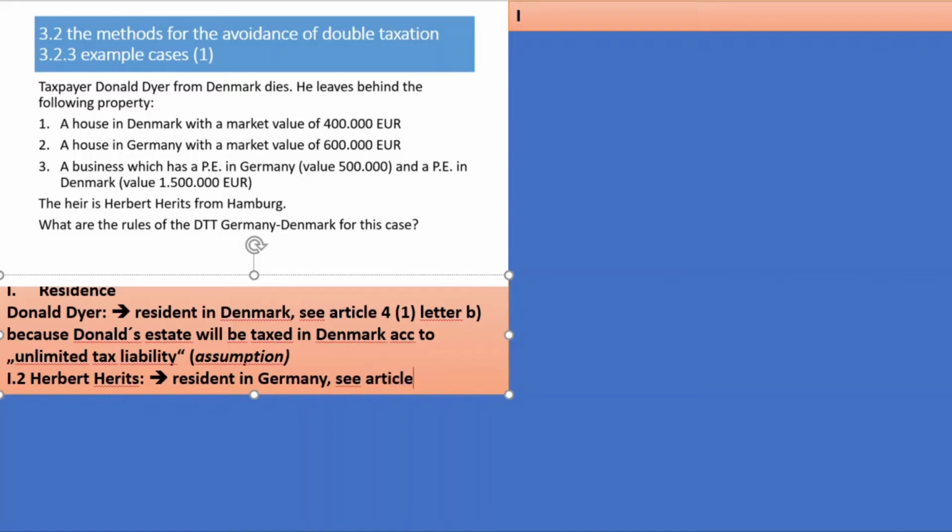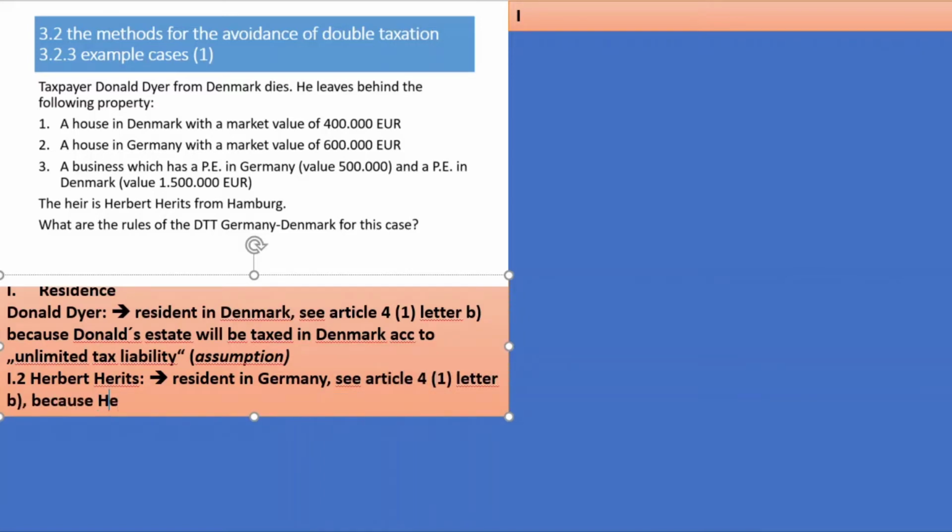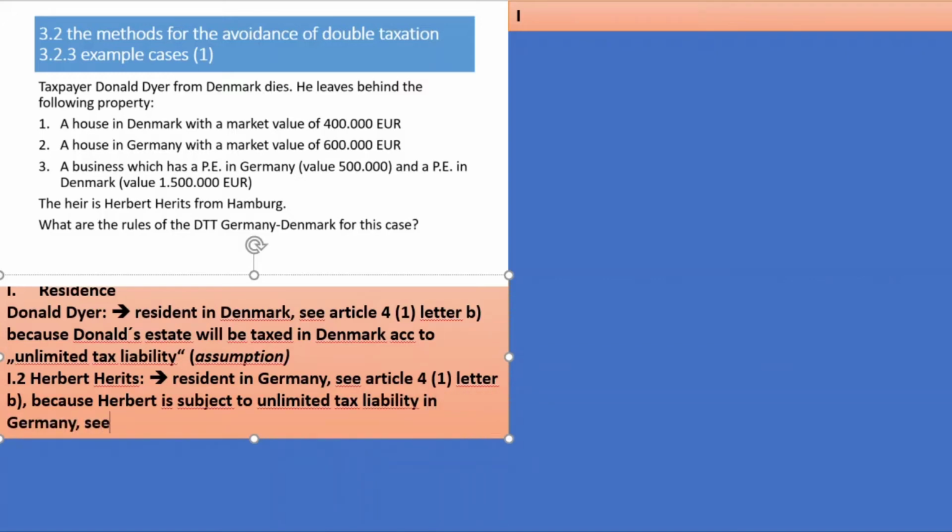See Article 4.1 letter B, because Herbert is subject to unlimited tax liability in Germany. And here we can even give the reference, see paragraph 2, section 1, sentence 2, letter A.